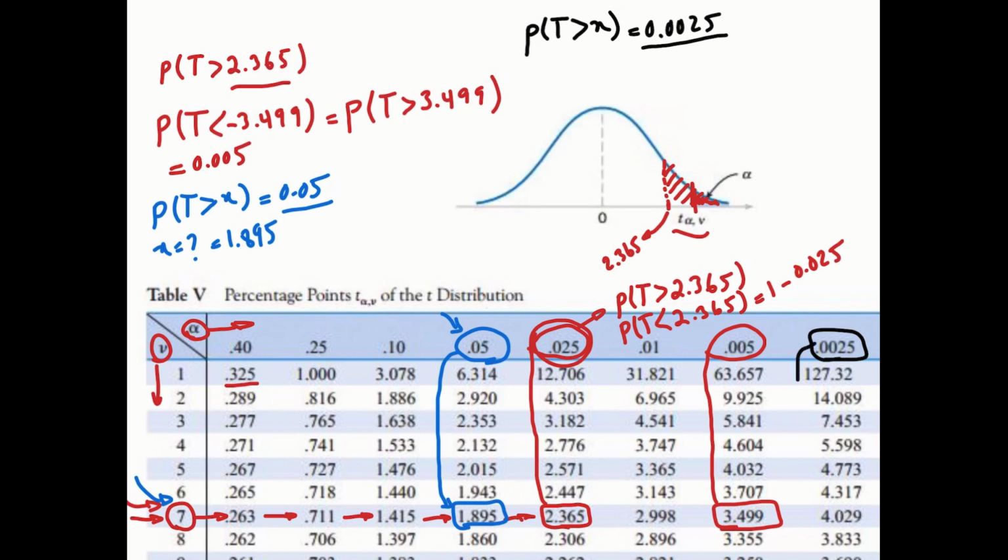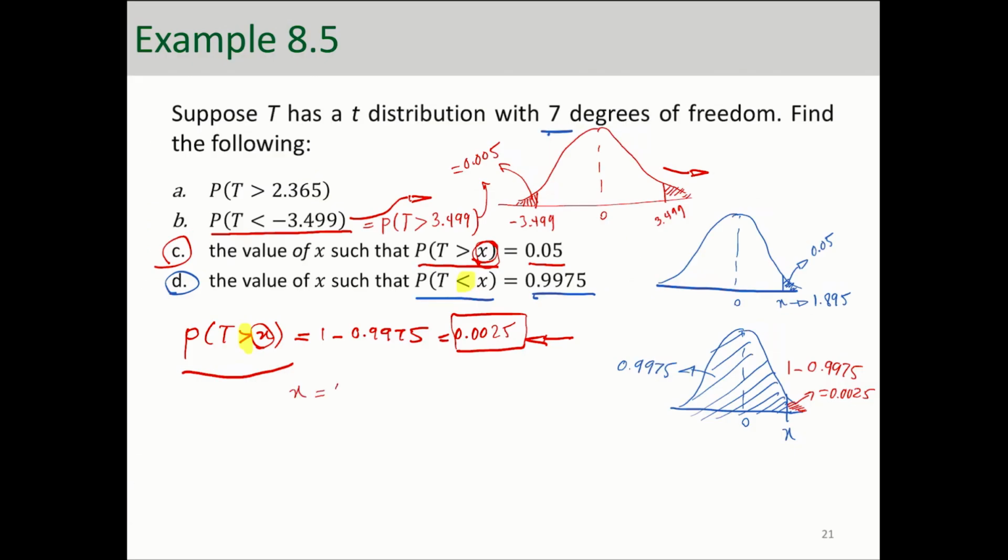When you come down from there to the 7th row, this is the random variable, or your x, essentially. The x that we're looking for is 4.029. So here we can say x is equal to 4.029.